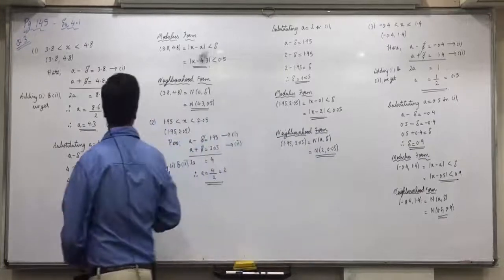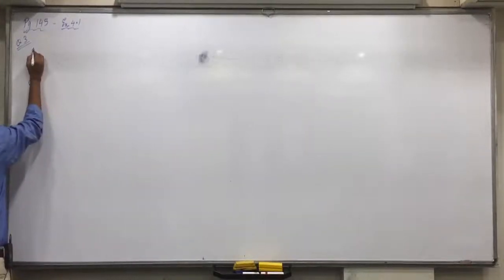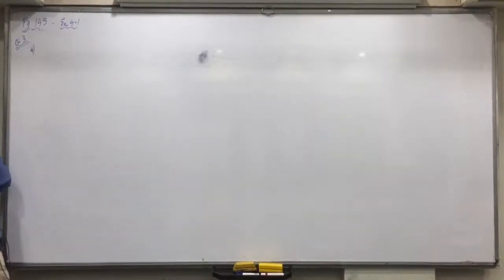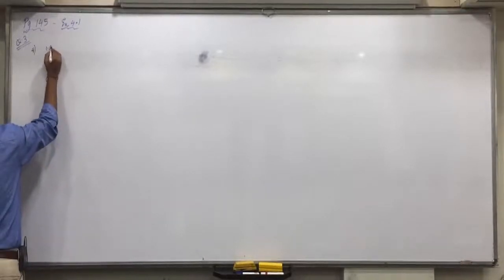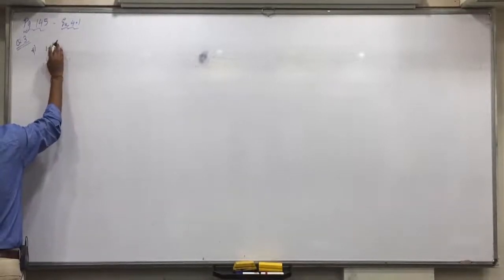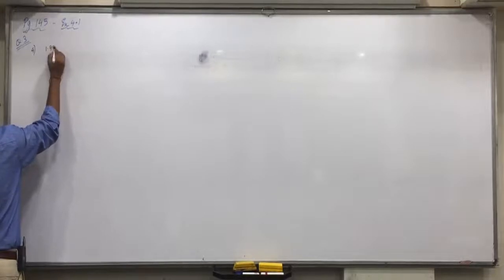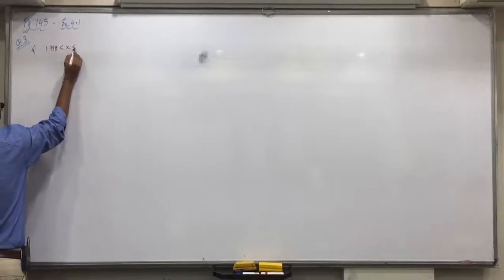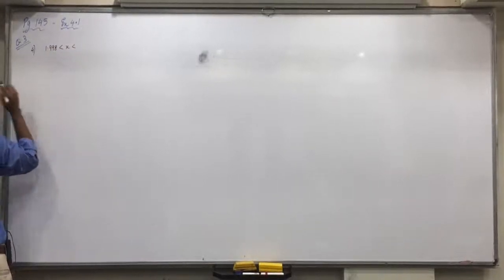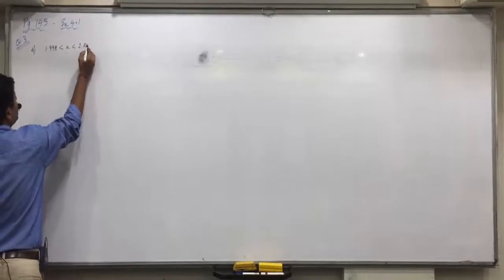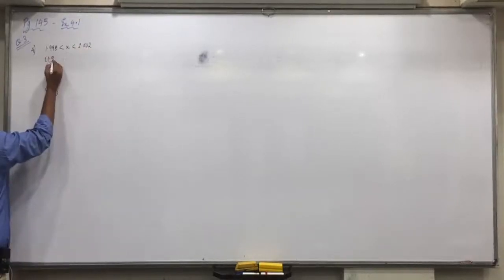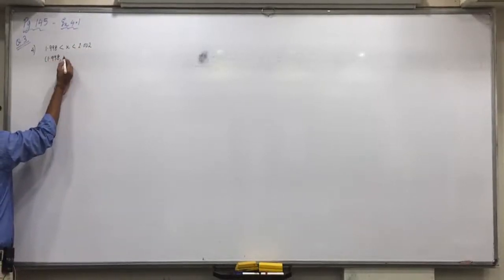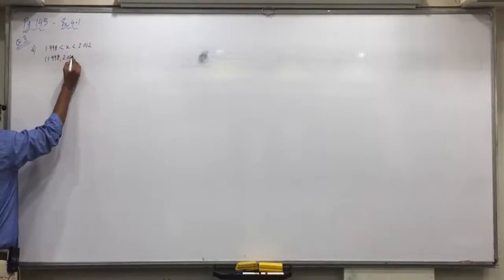And the fourth sub question: 1.998 less than x less than 2.002. First of all, this is an open interval, 1.998, 2.002.